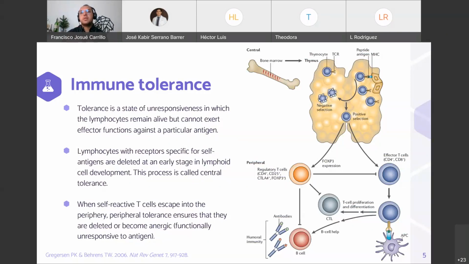So this is an important feature of the immune system, because if we don't have this immune tolerance, as we may know, things are going to get out of control.